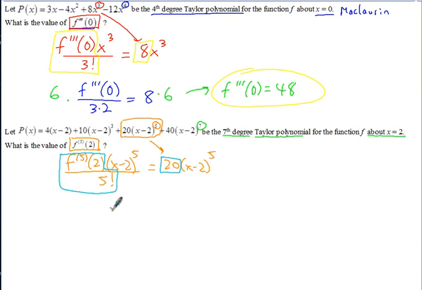So we have the 5th derivative of 2 over, let's see, 5 factorial, 5 times 4 times 3 times 2. That's 20 times 6, so 120 would have to equal 20. So then to solve for that 5th derivative, multiply both sides by 120.